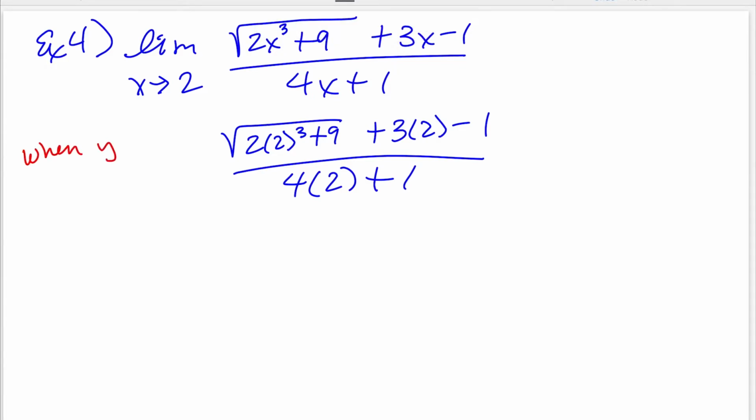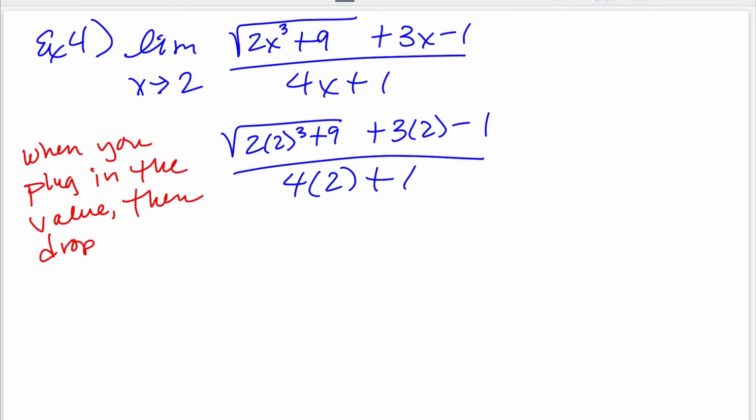When you plug in the value, then drop the limit notation, because I'm no longer taking a limit. I'm not figuring out the limit as it approaches 2. I'm performing that operation. A limit is an operation. When you perform the operation, you don't keep writing it, right?